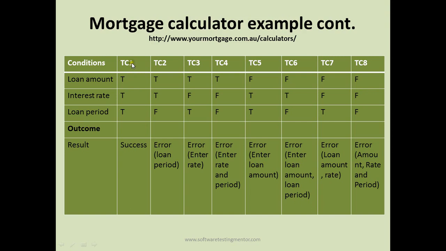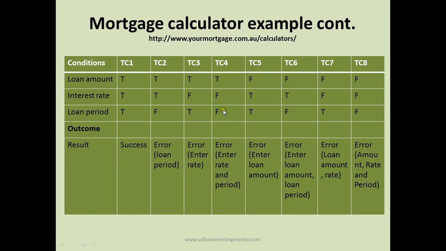So here you see there are 3 conditions, and based on 3 conditions there will be 8 test cases. You need to test all these 8 test cases, and verify that for every missing condition, for all the different conditions, you get either a proper success message with equated monthly installments or an error message displaying the conditions that are missing.